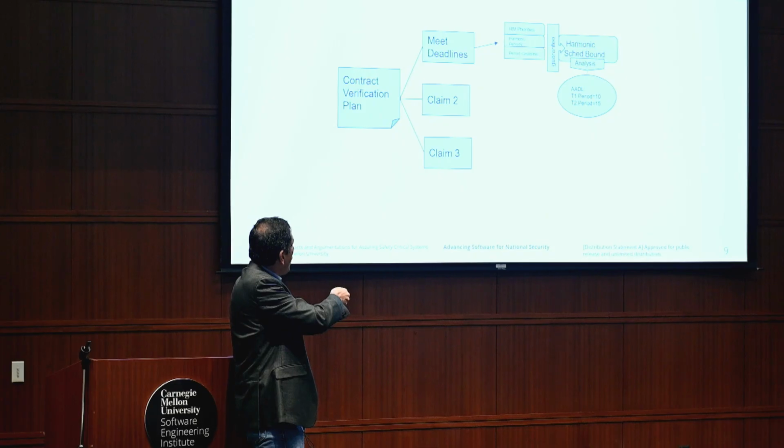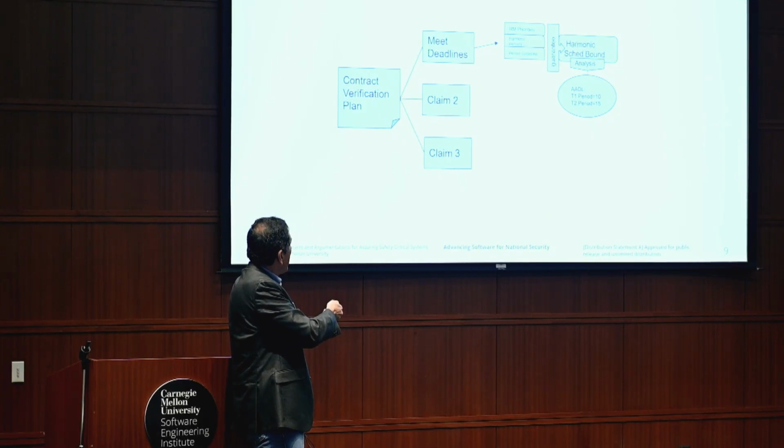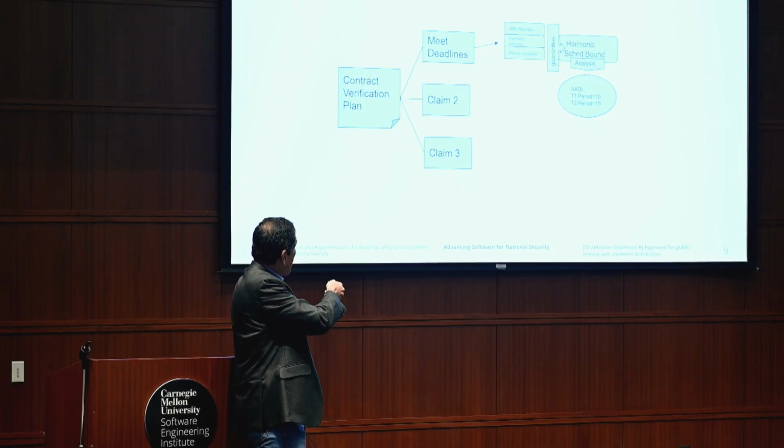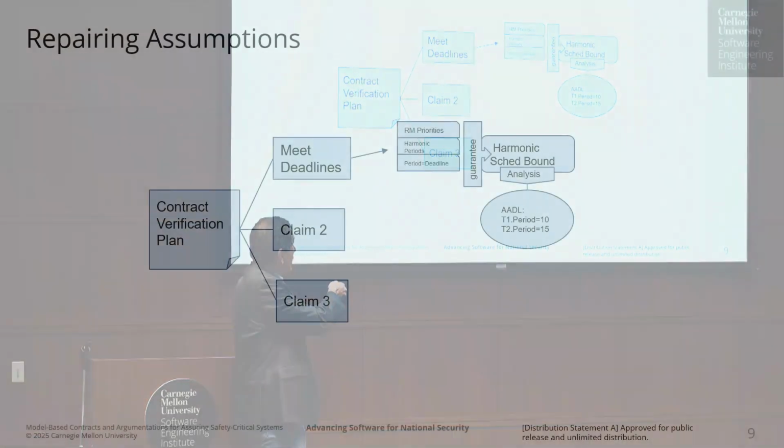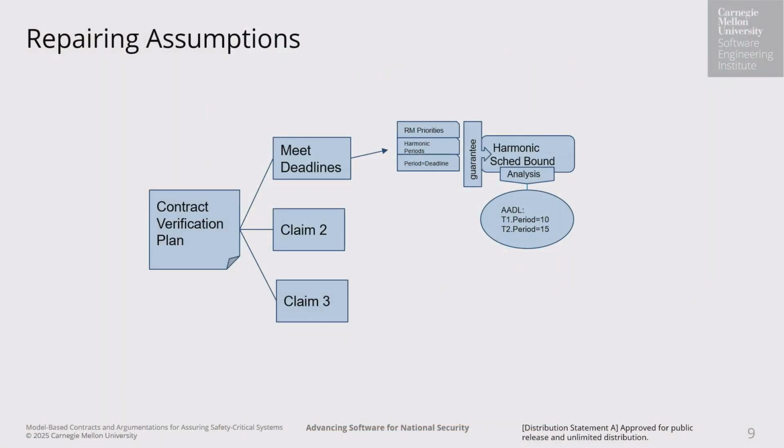If we focus on only one of them, harmonic means that a period is a multiple of another one. You can see that 15 is not a multiple of 10, so we are already violating harmonic. So what do we do? The analysis will tell us, hey, these are not harmonic. There are two options. If I can modify the period, I go and modify it.